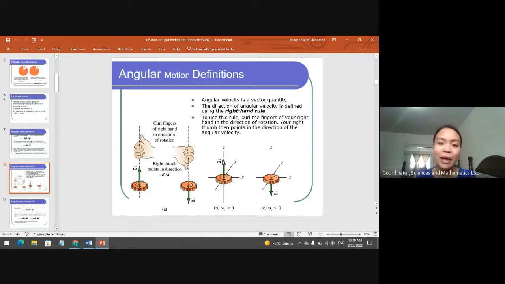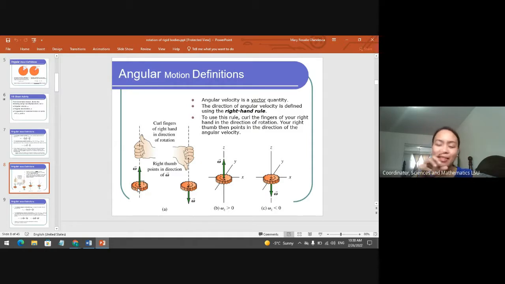So say for example, we have this disc rotating in this direction. Just look at the arrow. You curl your fingers in the direction of the rotation and our thumb is pointing upward. So that means the angular velocity is going up.